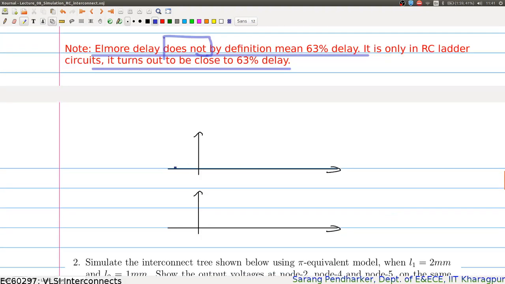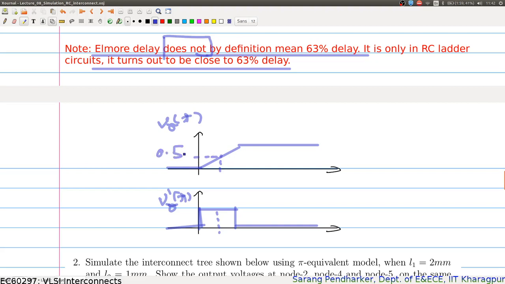So for example, if I had a linear output voltage like this, so if my V out was something like this, then my V out prime, the derivative of V out of t, would be something like this, right? And here if I now check the centroid of this, it would come out to be 0.5, so this would be my delay.